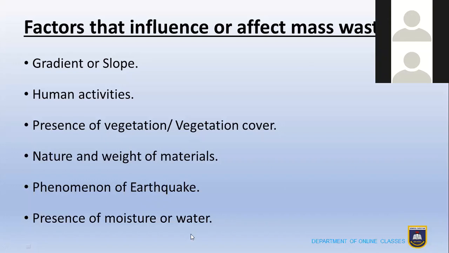All right, let's continue. The presence of moisture or water, like your colleague said earlier, in events of rainfall or precipitation, when we have a precipitation phenomenon on a landscape that is relatively steep, then the water or the rainfall will have the potential to transport these weathered materials downslope, as it occurs in what?